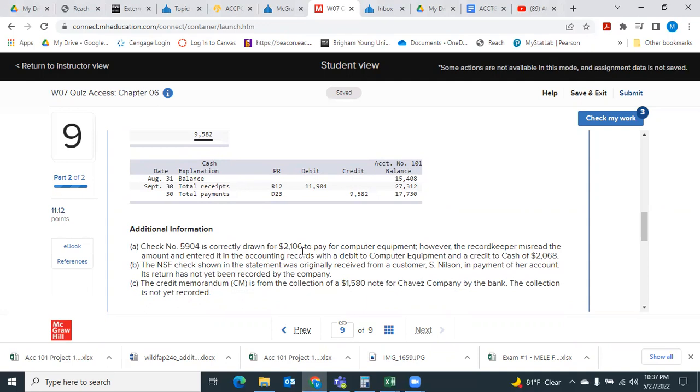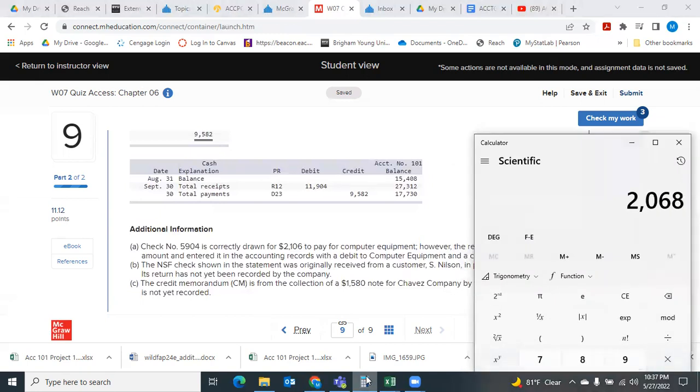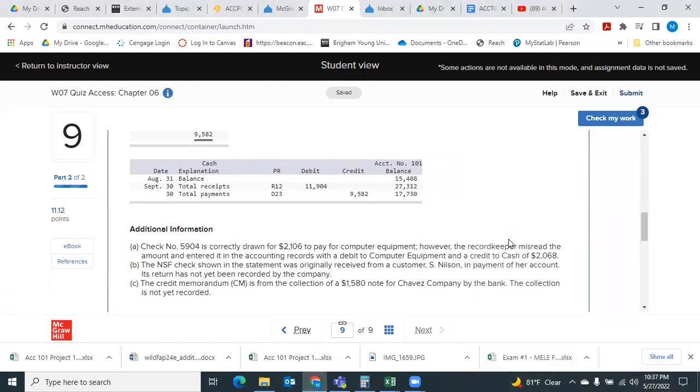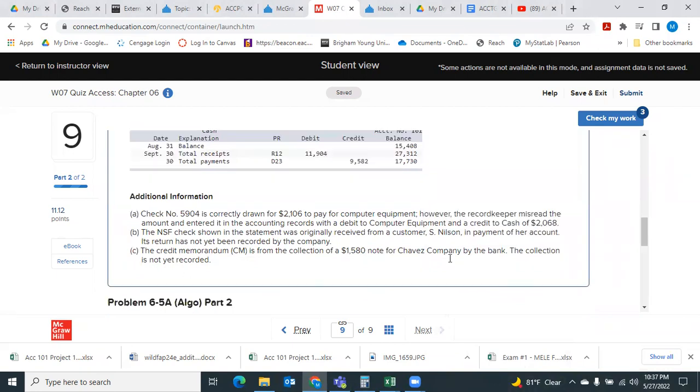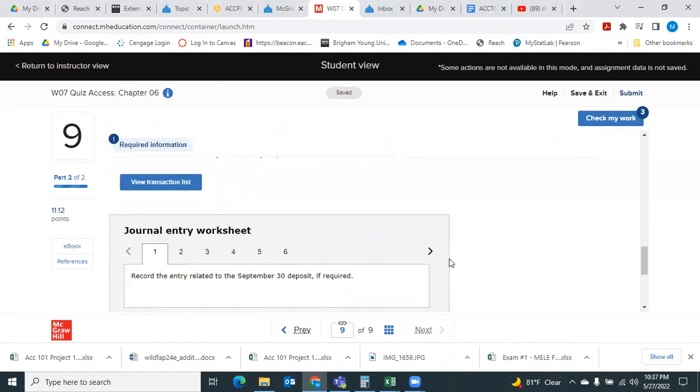The bank did it right, but we find out that our bookkeeper typed it in as $2,068 for some reason. So the amount of that error, $38, we have to correct in our books. So that's all we're doing here, making these journal entries to make these corrections.